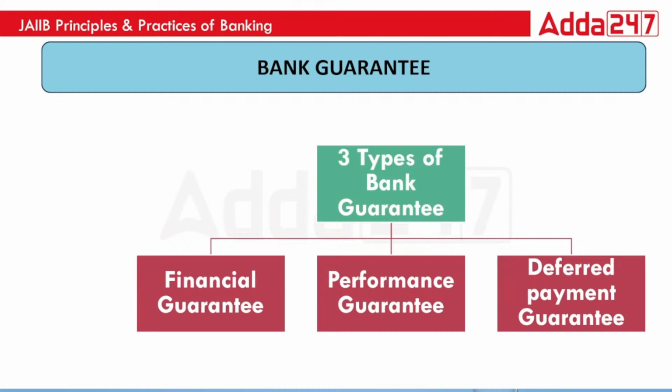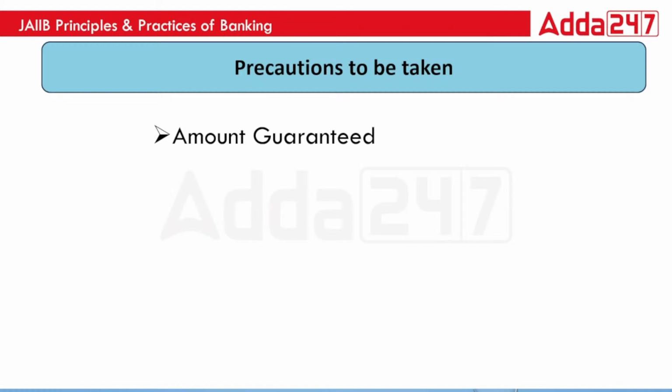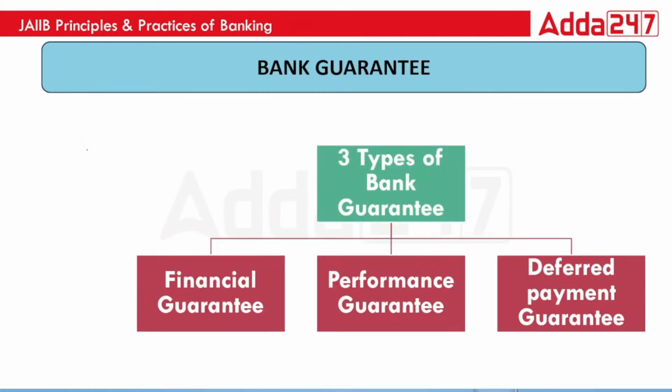Now comes what is bank guarantee. Bank gives guarantee on behalf of its customers where a third party wants some kind of guarantee from the bank. Suppose there is a contract where, again for simplicity we are taking the same example, rice had to be delivered to A, 1 lakh had to be given by A to B for this particular rice.